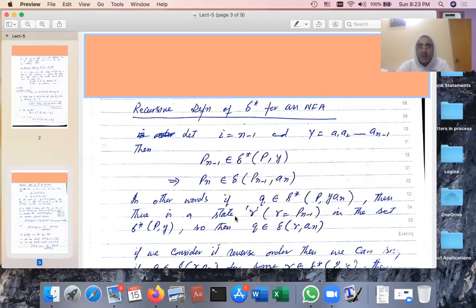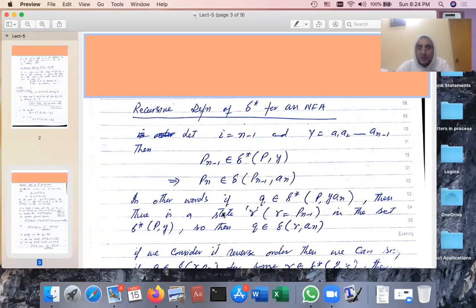Then I am saying that R is the previous state Pn minus 1 in the set delta star of P comma Y. So if I start from P with string Y, which has a1 to an minus 1, I will reach at Pn minus 1.